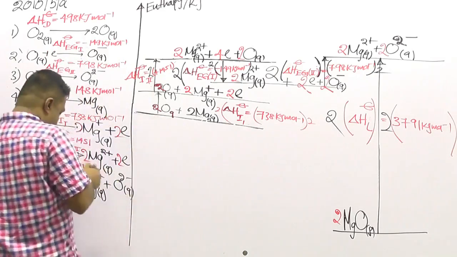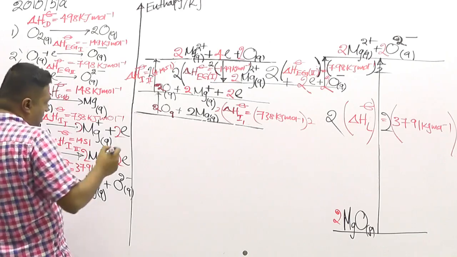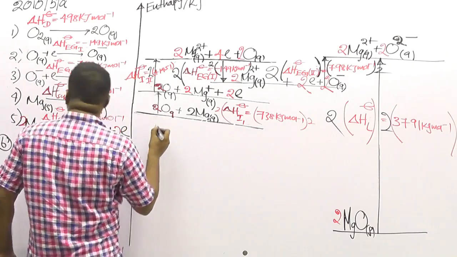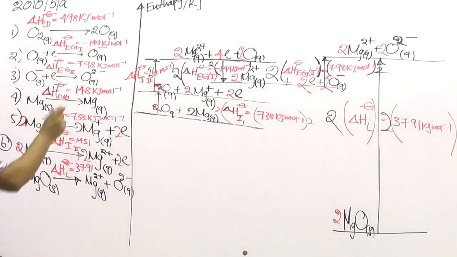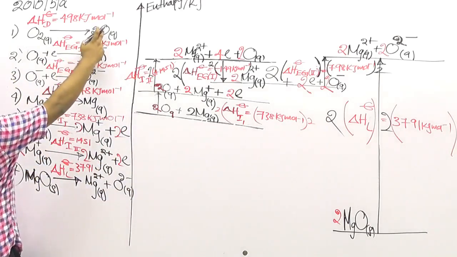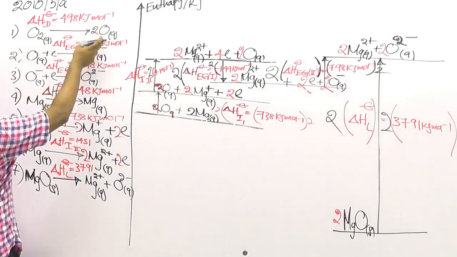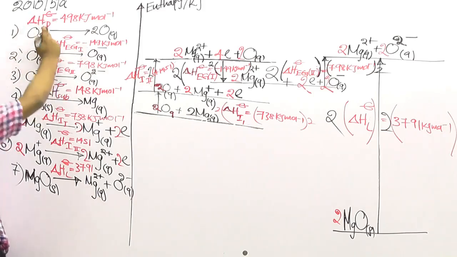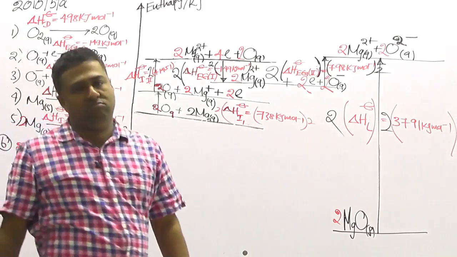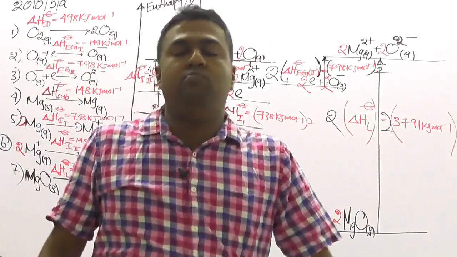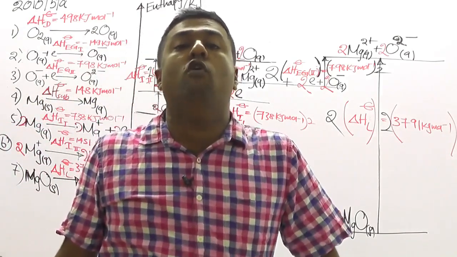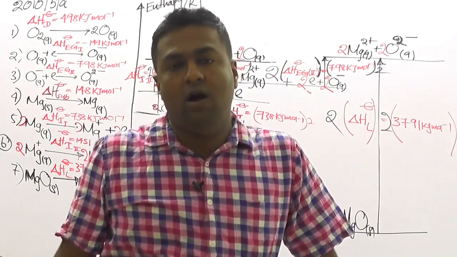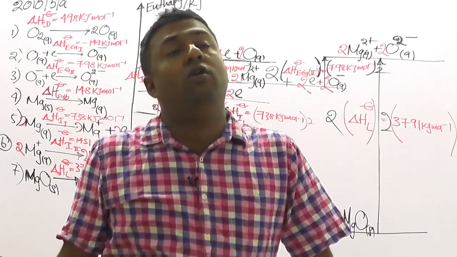I'll take O gas. To produce O gases, it is the first balanced chemical equation, the bond dissociation enthalpy of oxygen, the bond dissociation enthalpy of the OO double bond.